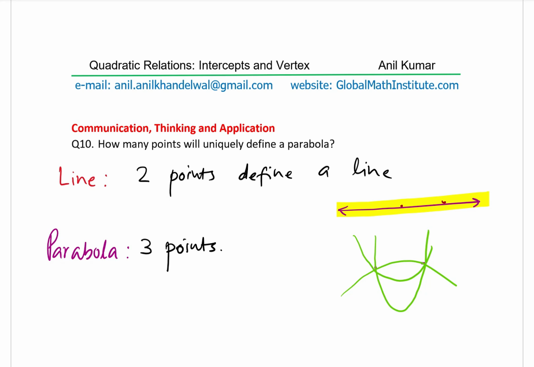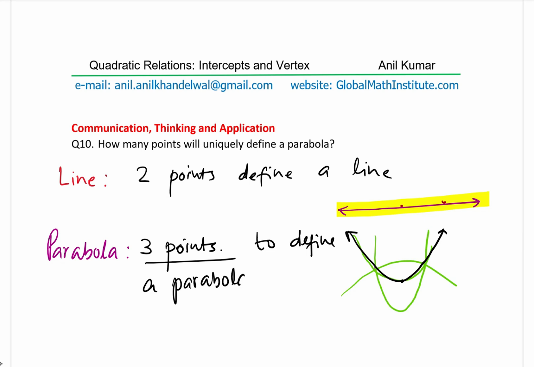So if I know that my point is this, then we have uniquely defined a parabola. So we need 3 points to define a parabola uniquely, right?